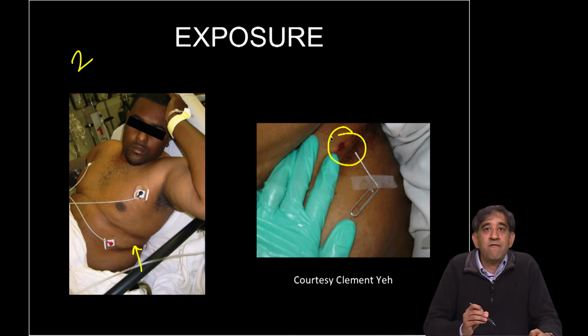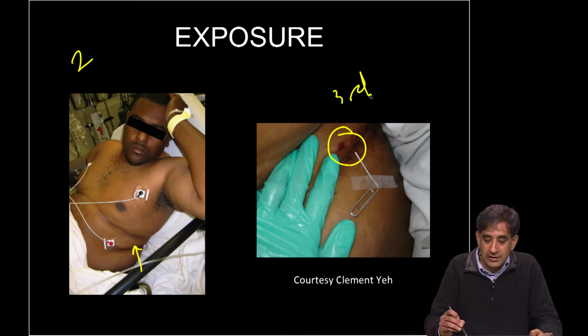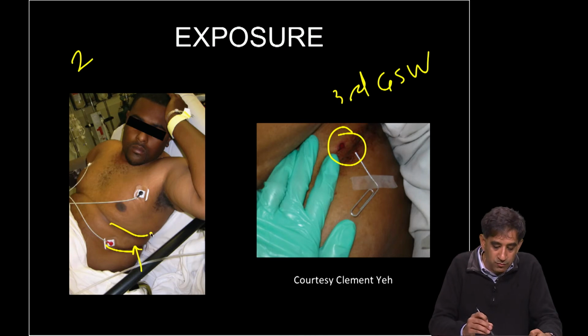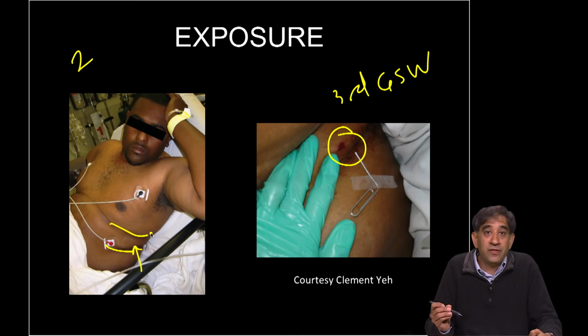And as you can see, they found a third gunshot wound. And so it's very important to look, again, under collars, under splints, everywhere in the groin and the axilla, and certainly under rolls of adipose tissue like this to make sure there are no missed injuries.